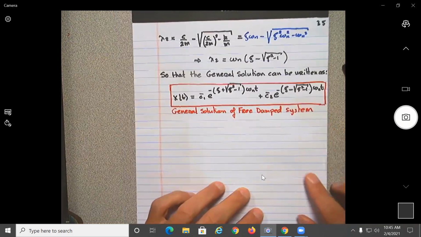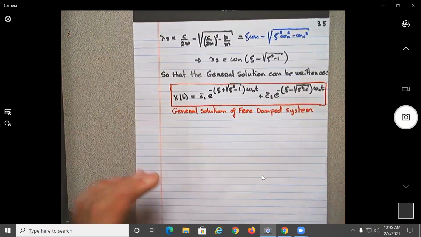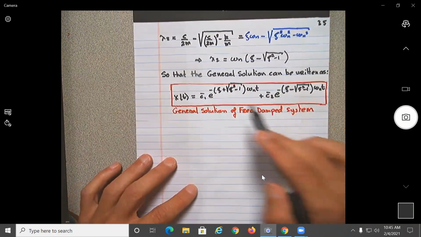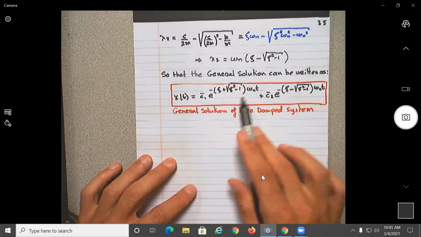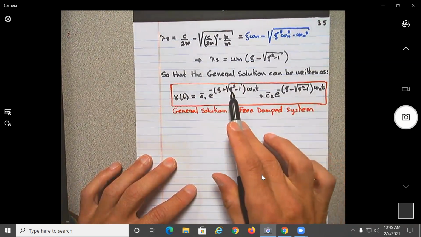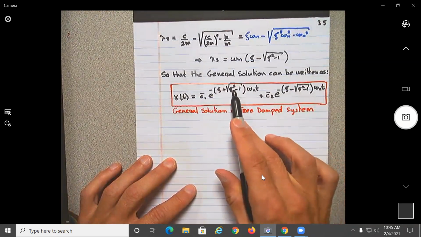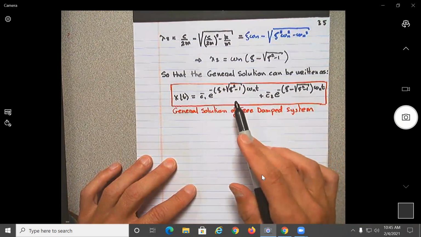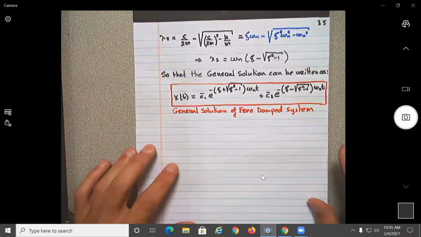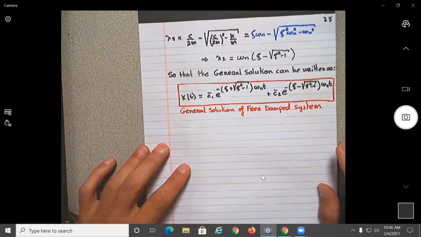Okay, all right. So now, as I was saying before, the solution is going to depend on what's happening with the damping, with the square root of C squared minus 1, to see if this is positive or negative. Let's see what happens over there.